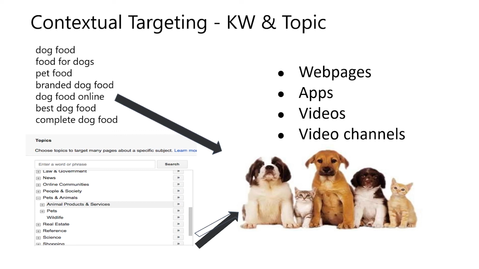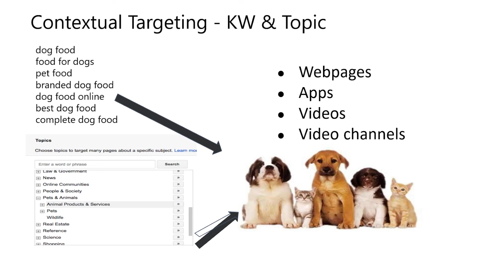And a lot of articles online, or websites which are a part of Google Display Network, would have these keywords in their content, right? So Google Ads would extract these keywords and understand the context of the web page, or the context of the apps or context of the videos, and accordingly it would show your ad related to dog food within this content that people are consuming, right?